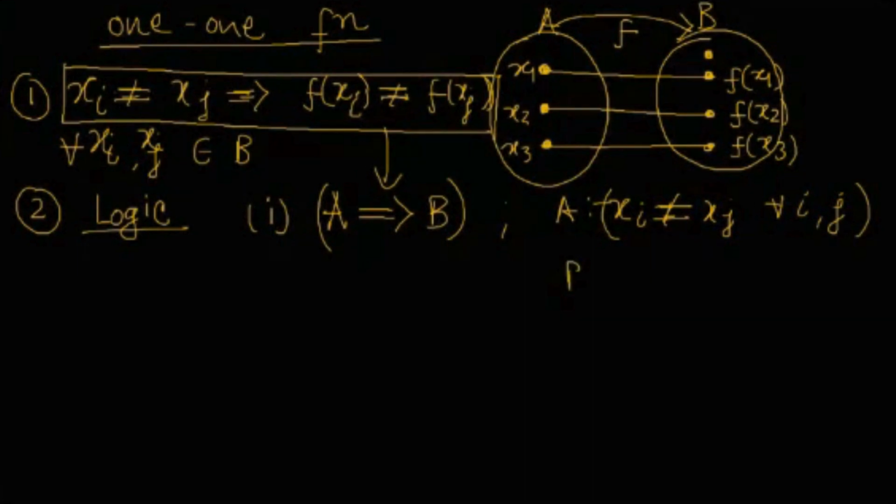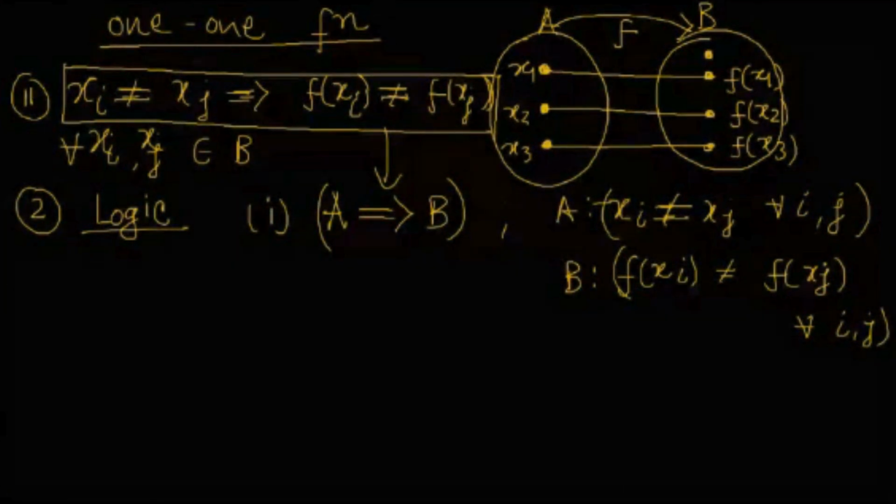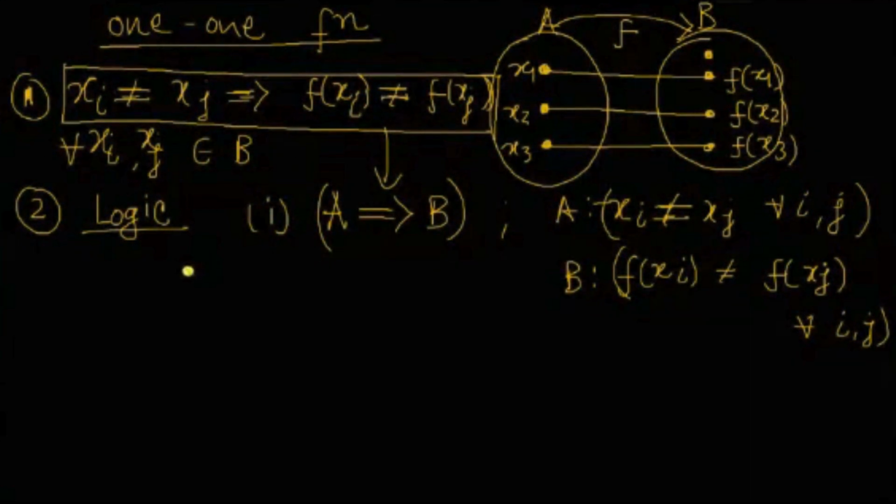And the statement B might be f of xi is not equal to f of xj for all i, j. So this particular statement implies this particular statement. I'm just giving you an example.